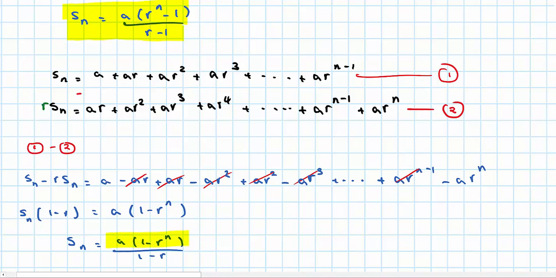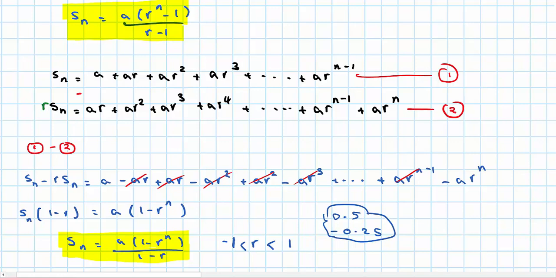So I ended up with 2 equations, and we use both of them depending on our ratio. If our ratio lies between 1 and -1, so we have a fraction ratio which is less than 1 but greater than -1, so 0.5, -0.25, things like that, then I use the formula where in the denominator I have 1 minus r.